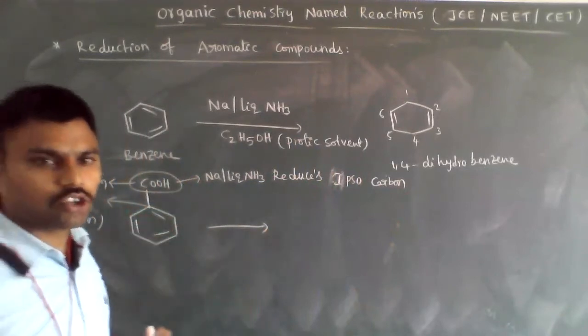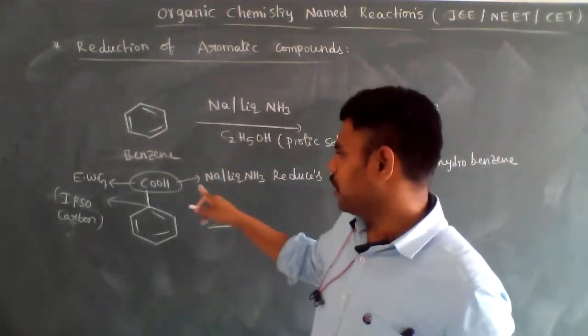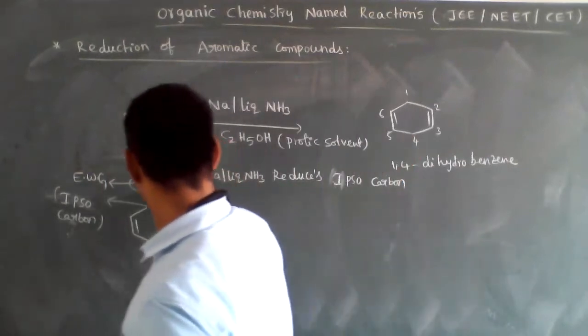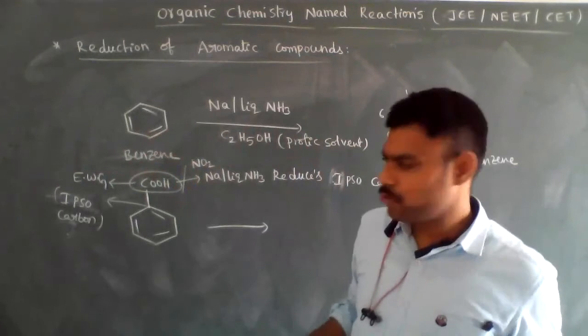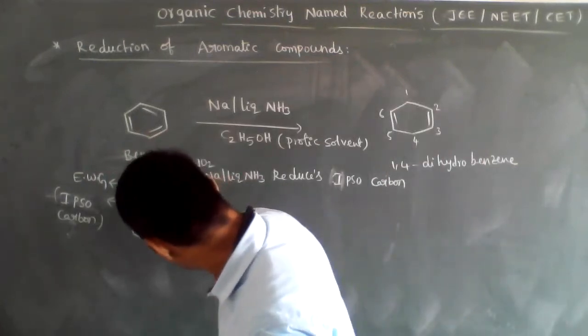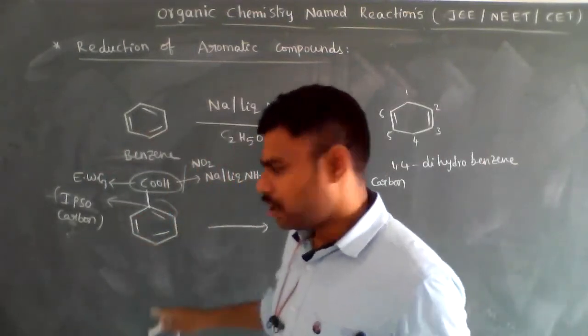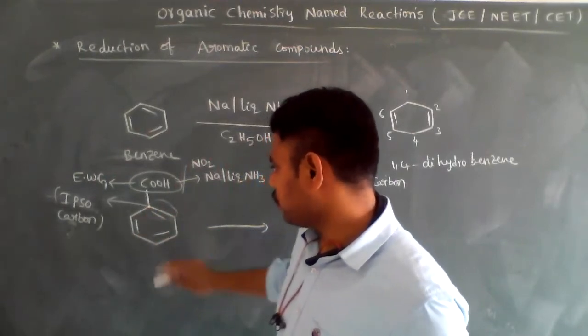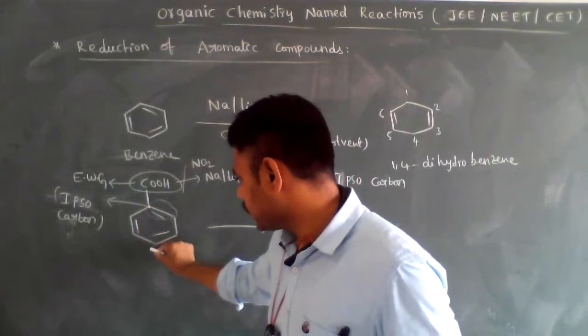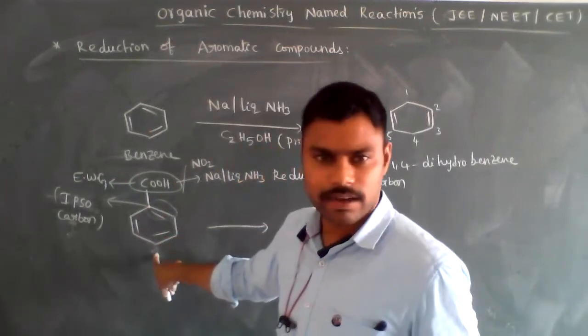Not only the COOH group, any CHO group or NO2 group or any electron withdrawing group that is present, it reduces this ipso carbon containing double bond. Now, here it will extract one proton, then a negative charge will form. This negative charge will migrate, and again one hydrogen atom will come here.